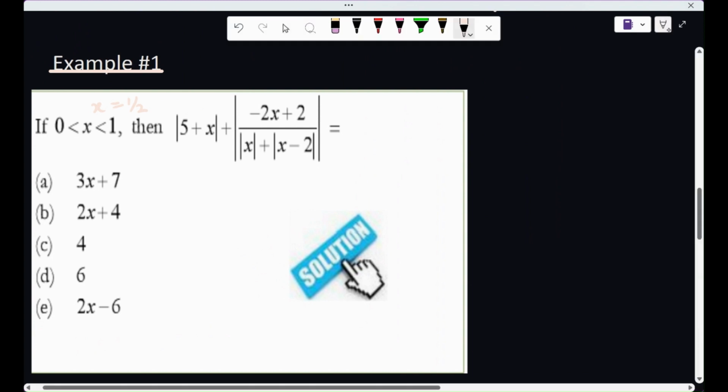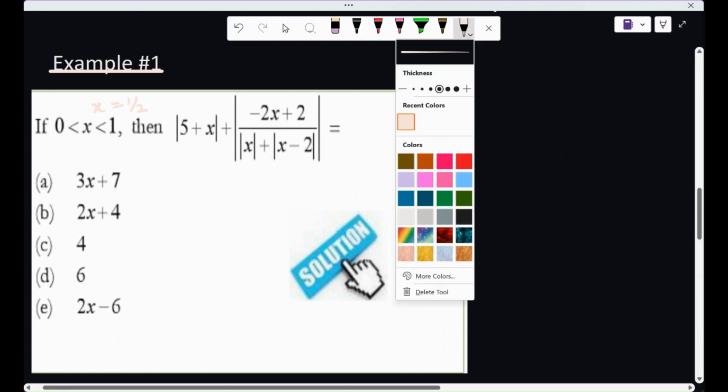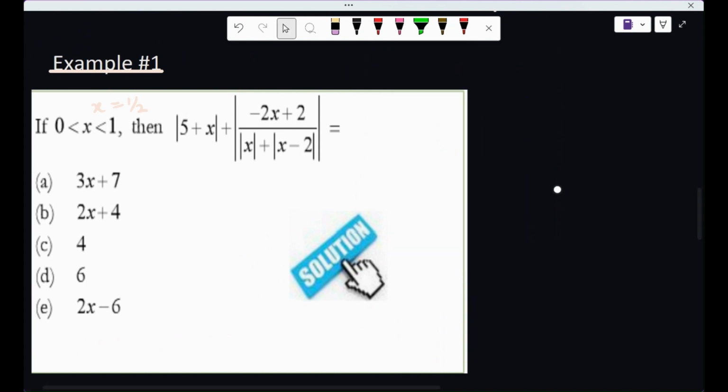Okay, so you can take x to be 1 over 2. And what do you do with this 1 over 2? You use this value to check the sign of the quantity inside the absolute value. Let's start from here.